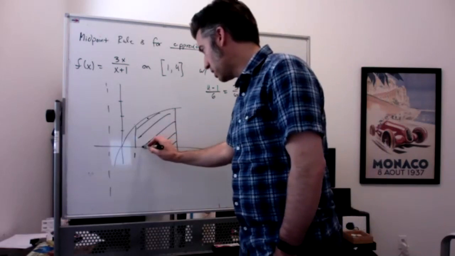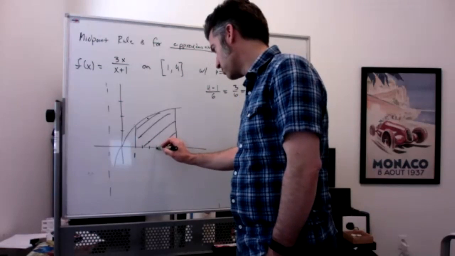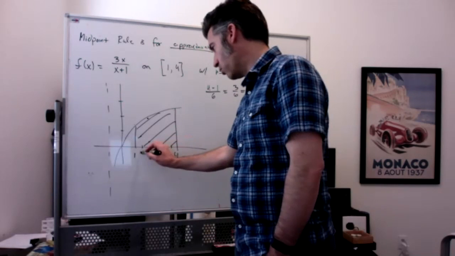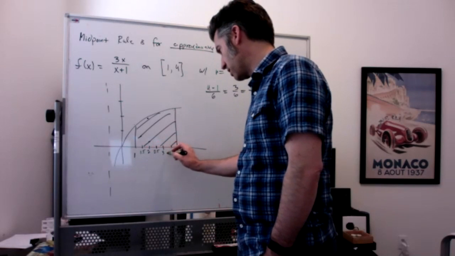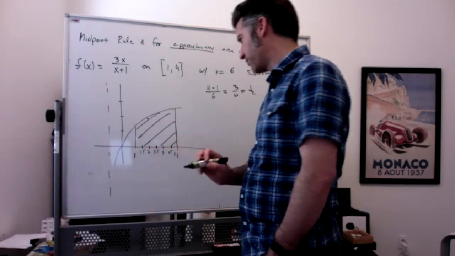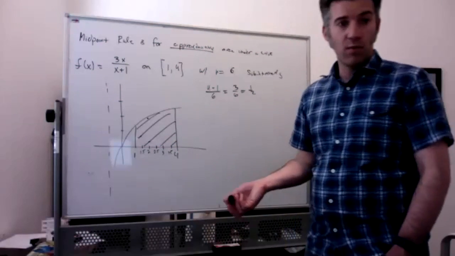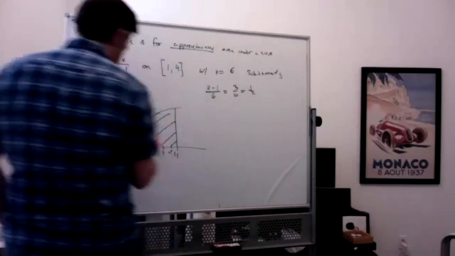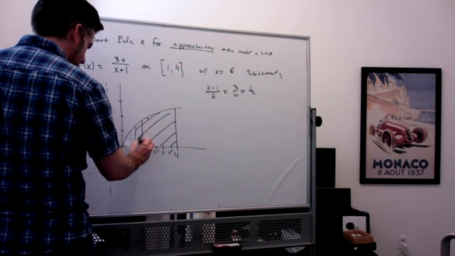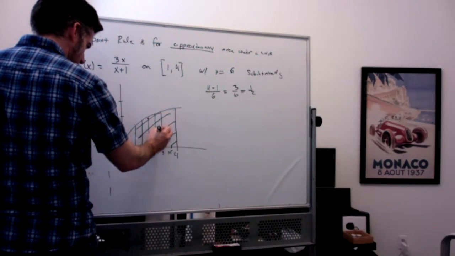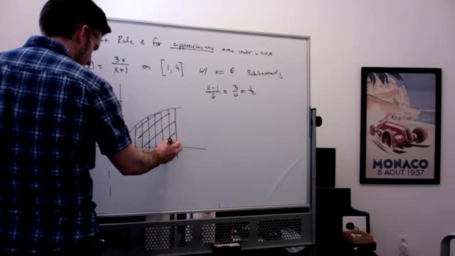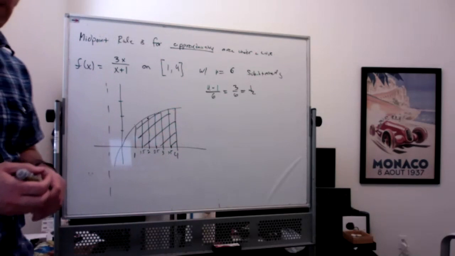So each of those subsections: this is 1.5, this is 2, this is 2.5, this is 3, this is 3.5. And then for each of these subintervals, I'm going to find the midpoint of that subinterval.